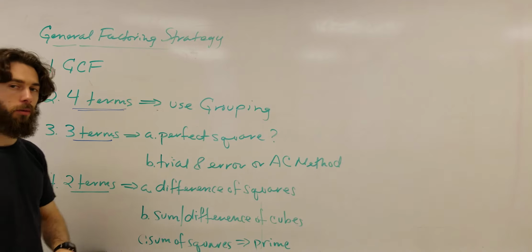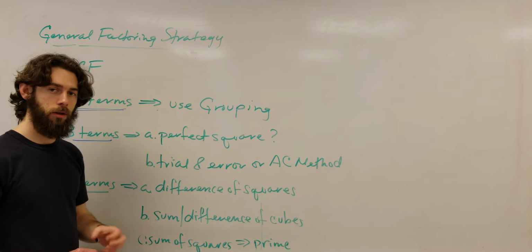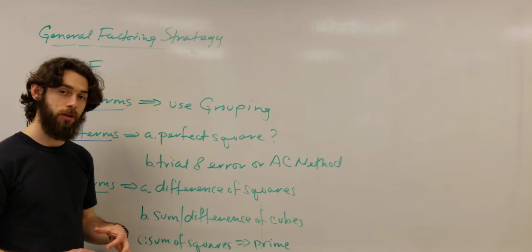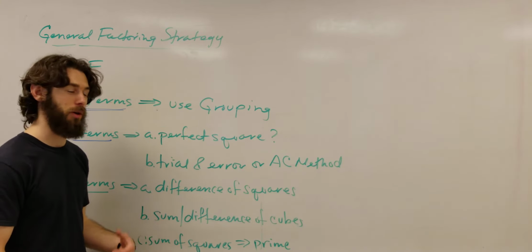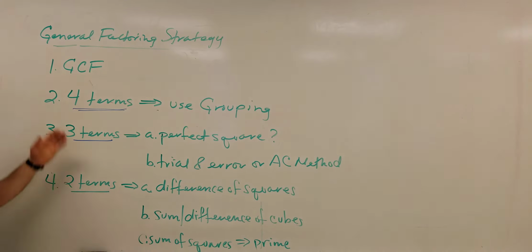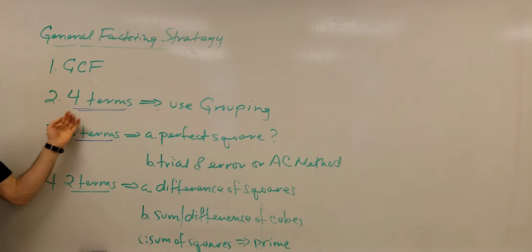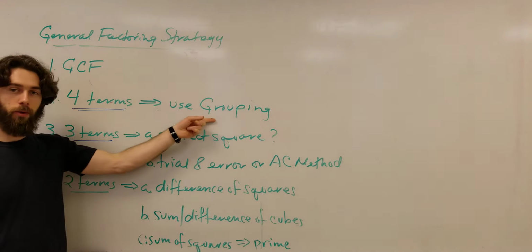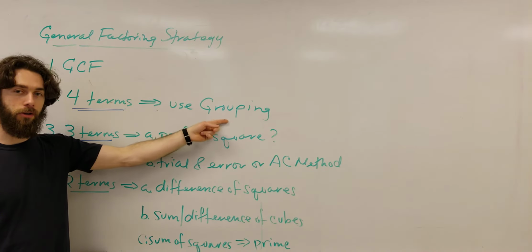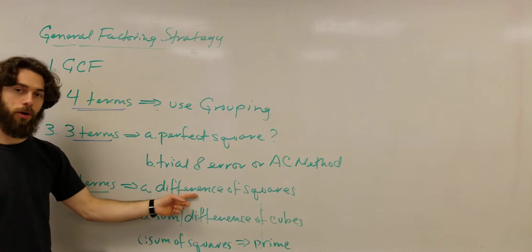Then you should check that once you've done those methods, maybe some of your factors still need to be factored. A common thing that will happen is you'll factor out a GCF, you see you have 4 terms and you do grouping, and then one of your grouping factors is actually a difference of squares.